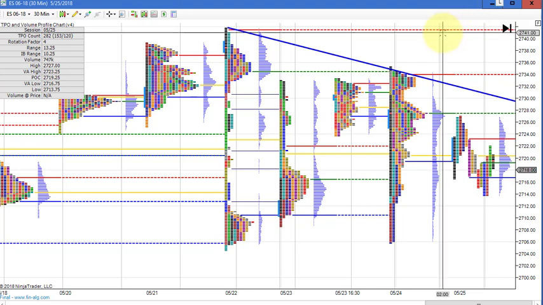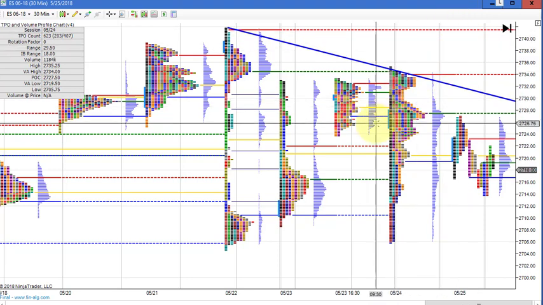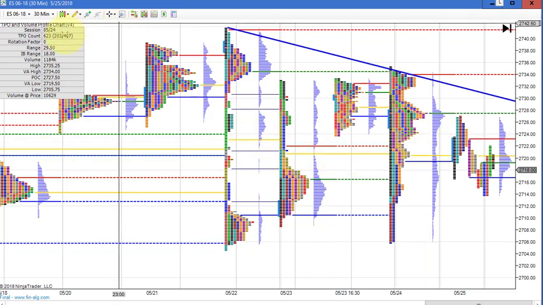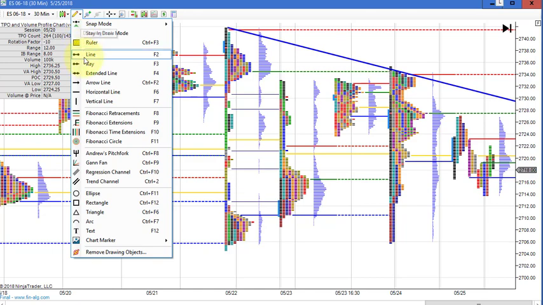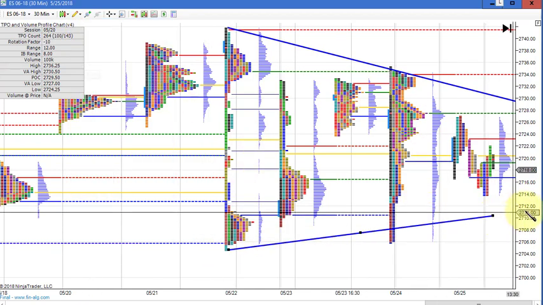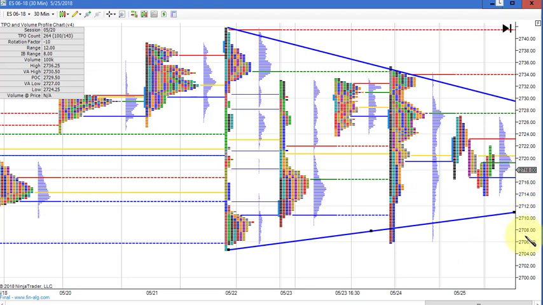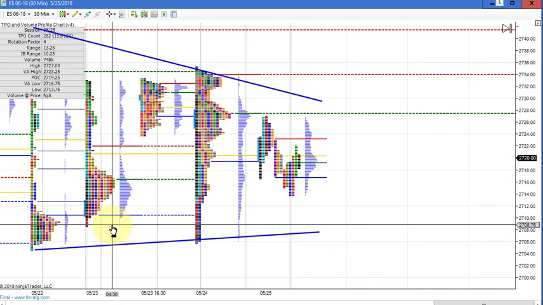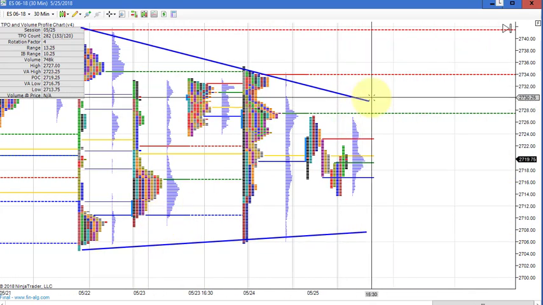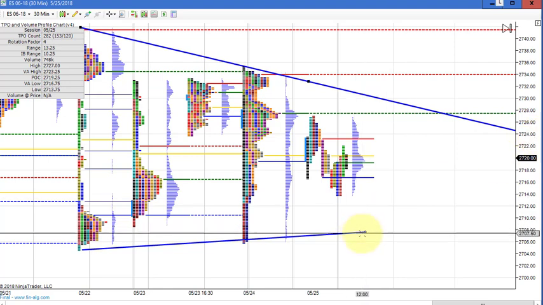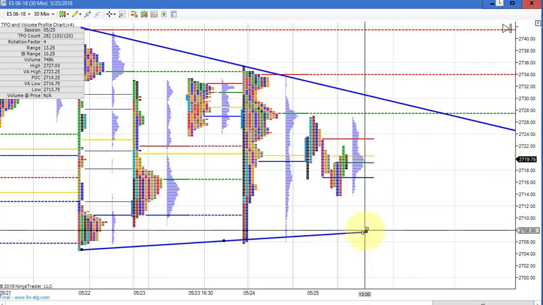Usually the week before a holiday like Memorial Day, we see some very definitive action to the upside at some point during the week, but this looks like it's forming a wedge pattern here. If we were to draw this out, it looks like the markets are consolidating.